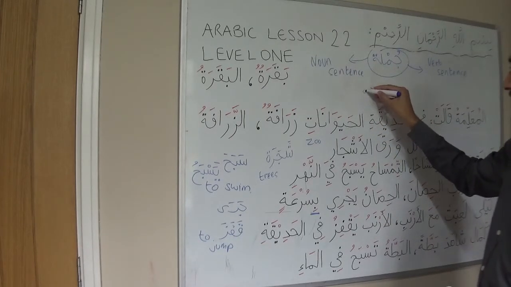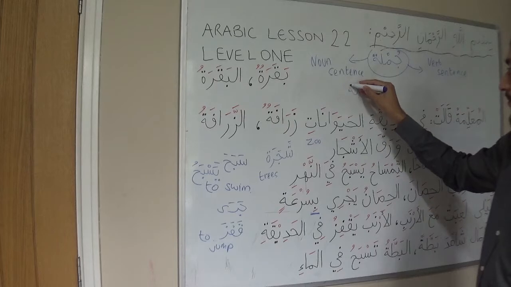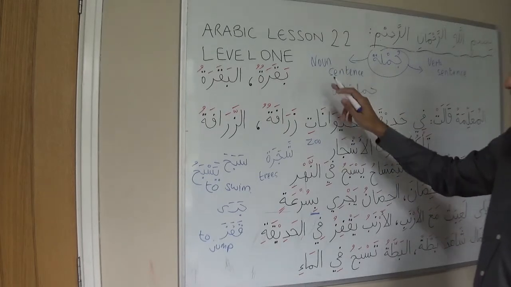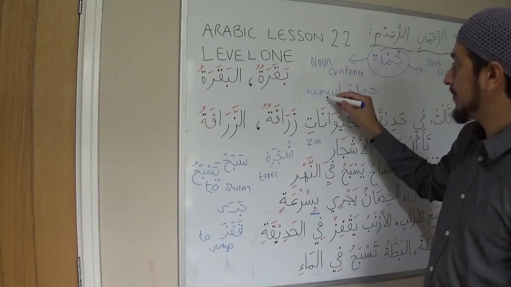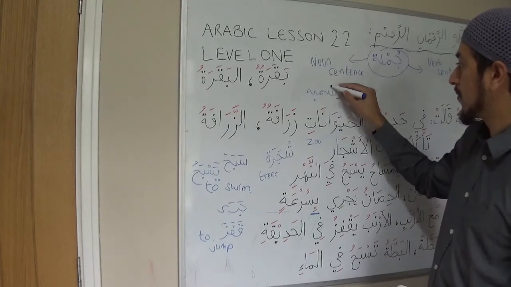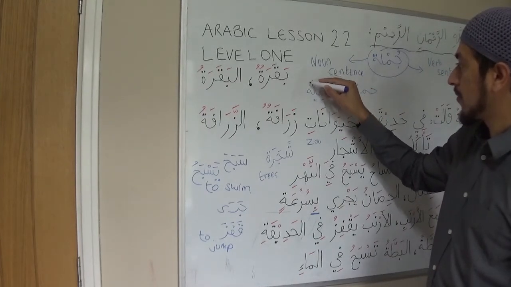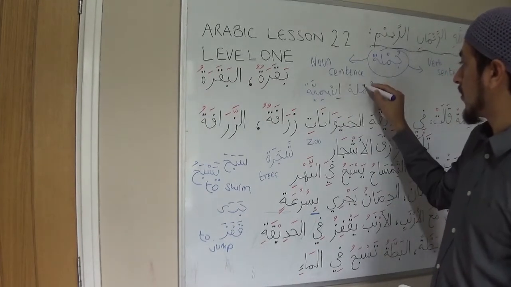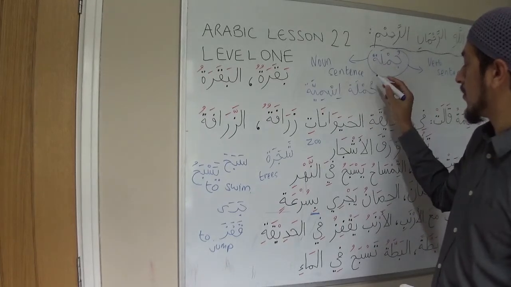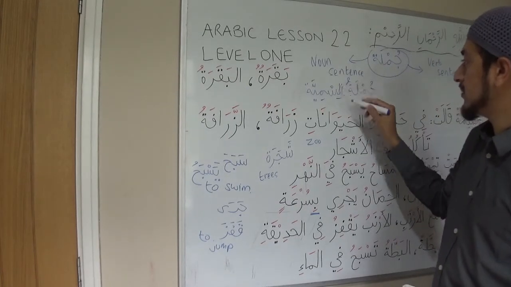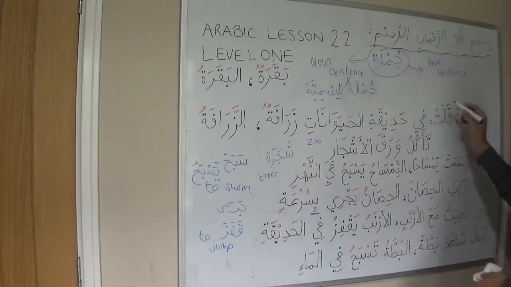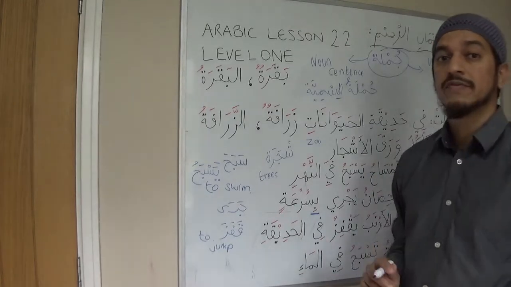So for the noun sentence we call it jumla ismiya. Nouns in ism. Jumla ismiya. Jumlatul ismiya. And here we have jumlatul fi'liya.